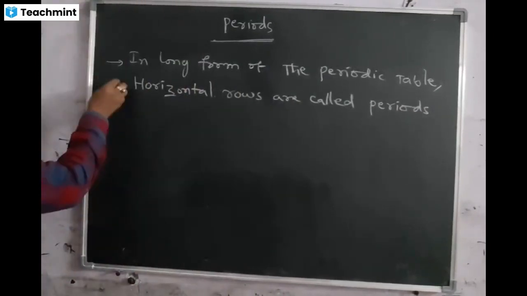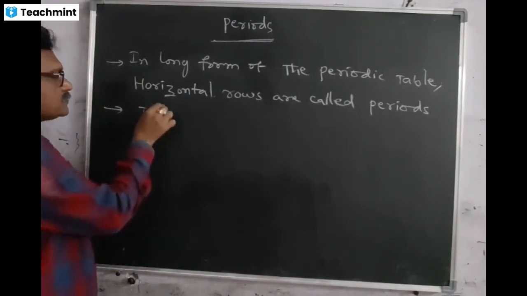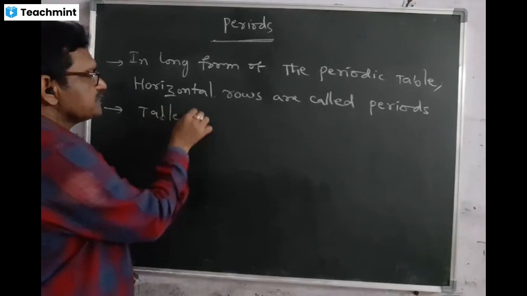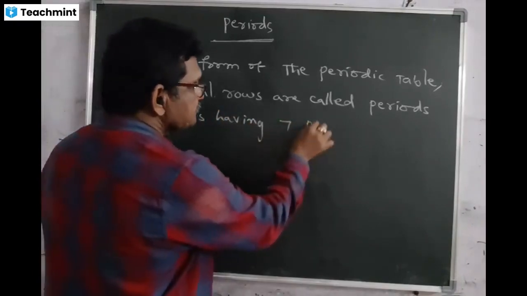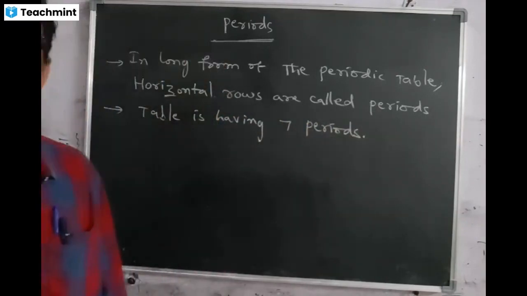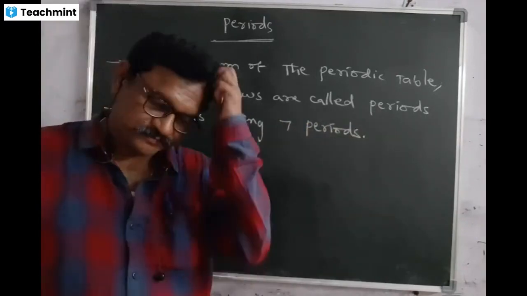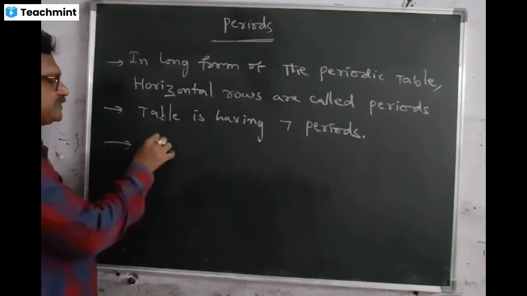The table is having seven periods. How many periods? Seven periods. Write down the first period.